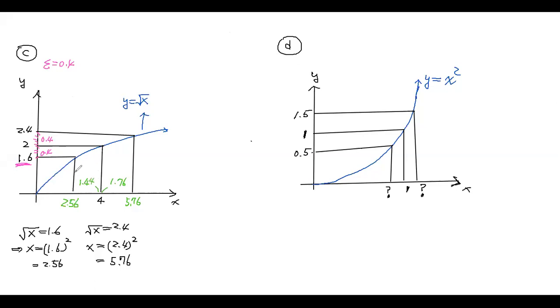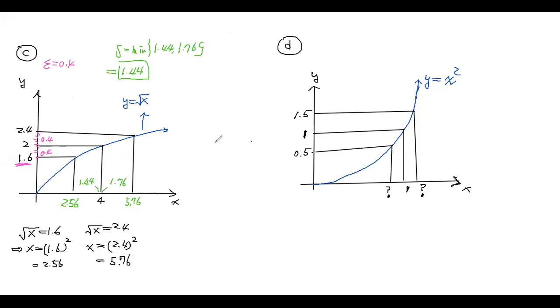So just like what we did, the delta will be the minimum of 1.44 and 1.76. So what is my delta value? My delta is 1.44, right? So that's what we mean by the precise definition.